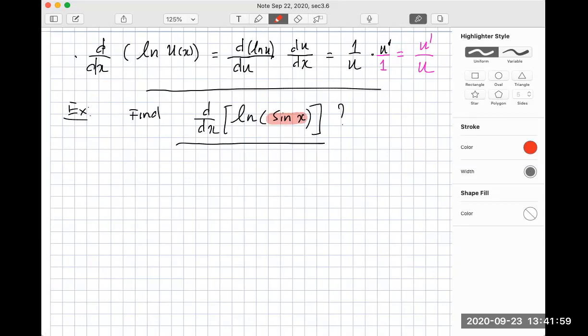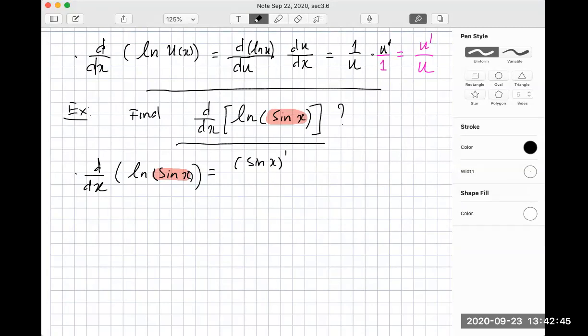Perfect. Thank you. Sine of x, right? Therefore, from this formula, what do we have? This is u, right? Sine of x is u. So the derivative of this will be, would it be cosine over sine?